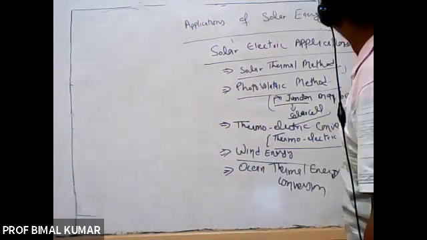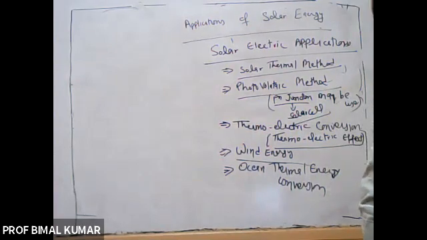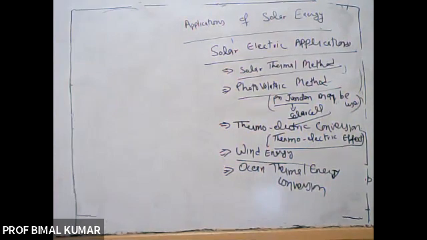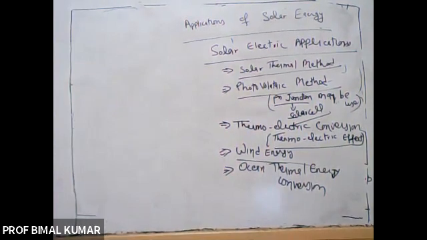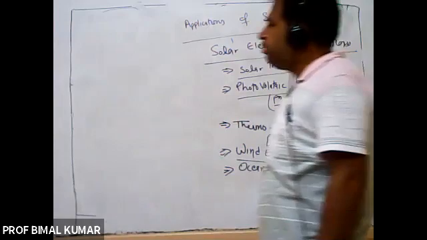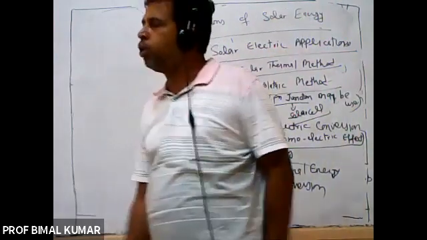We are dividing the applications of solar energy into three categories. One is direct thermal application, second is solar electrical application, and the third, which I am taking as the other forms of solar energy, is energy from biomass and biogas.